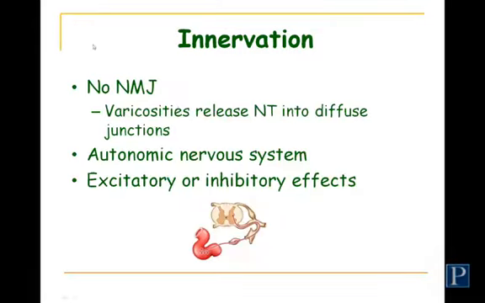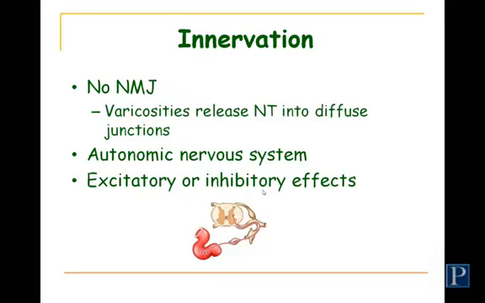When the neurotransmitter is released, what is a big difference between skeletal and smooth muscle is that the effects can be excitatory or inhibitory depending on what the neurotransmitter is. And even when we talk about some other factors, some local factors or hormones, those things can be either excitatory or inhibitory on the smooth muscle.